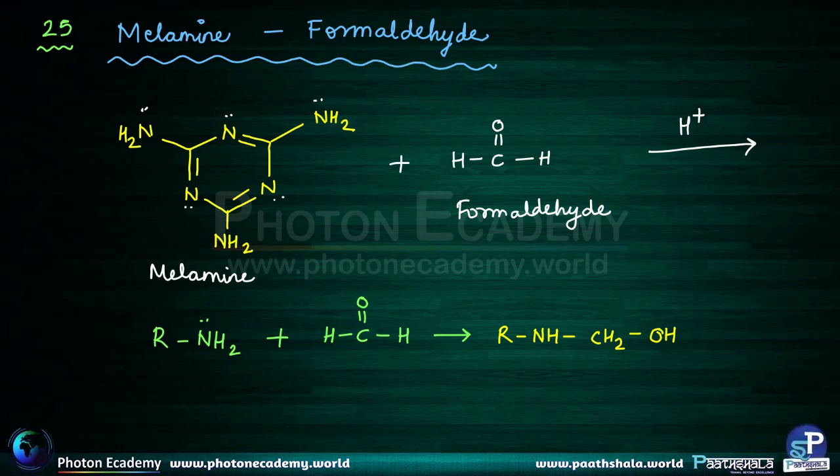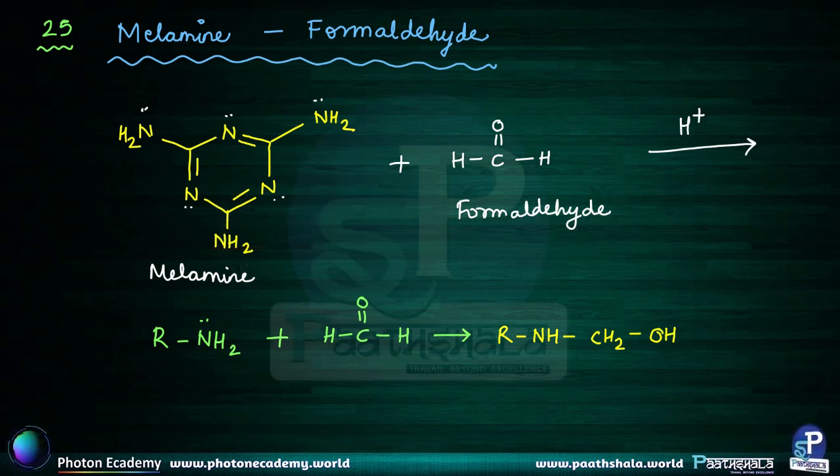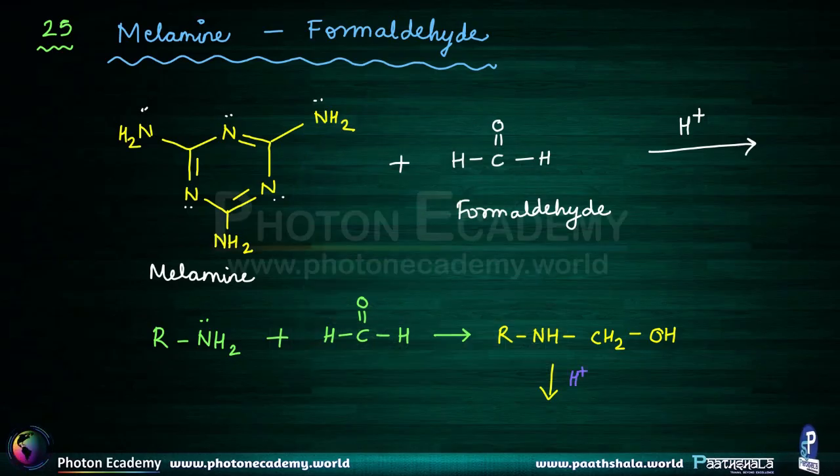We have the O changing into an OH and the H being lost from here. And over time, when this further reacts in the presence of H plus, there's a loss of a water molecule, and we are left with RNHCH2 with a positive charge.